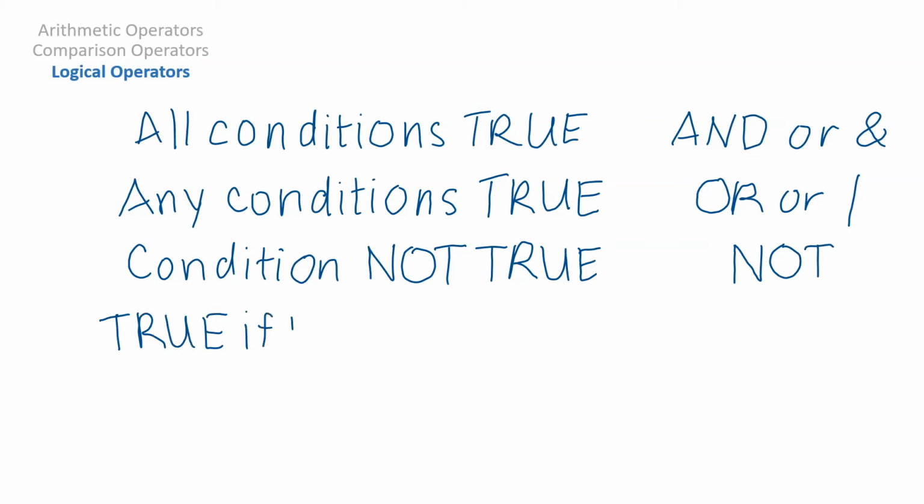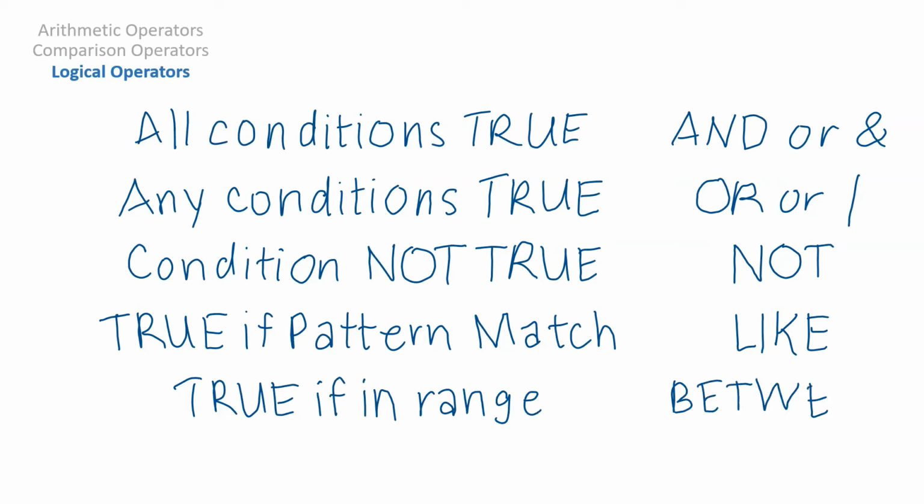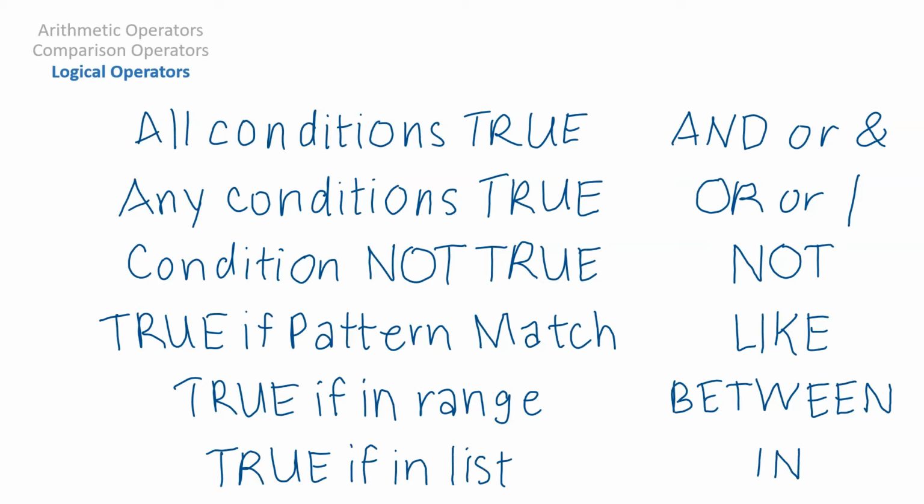LIKE operators look for a pattern match, and if the exact or a similar pattern is identified, it will be true. We'll look at wildcards in conjunction with using the word LIKE. BETWEEN is true if the value of interest falls within a specified range. And IN is true if an item is found in a list.